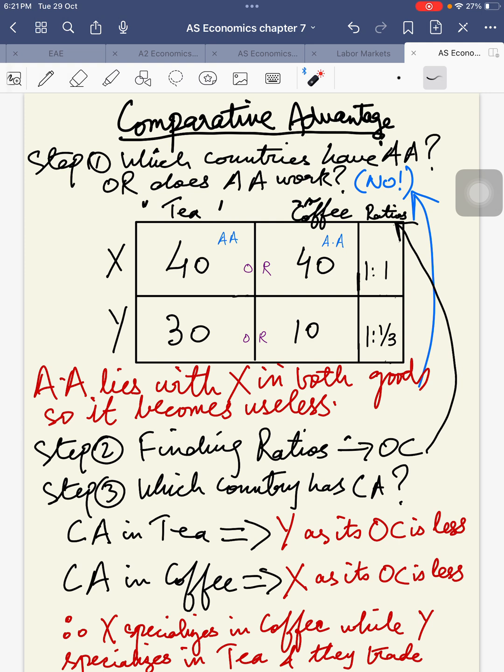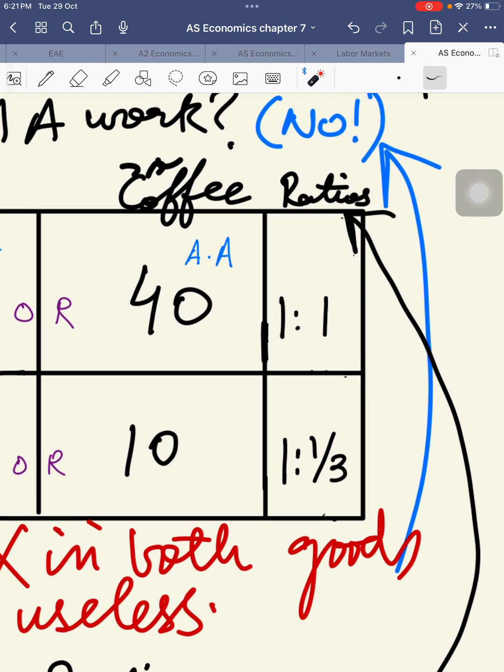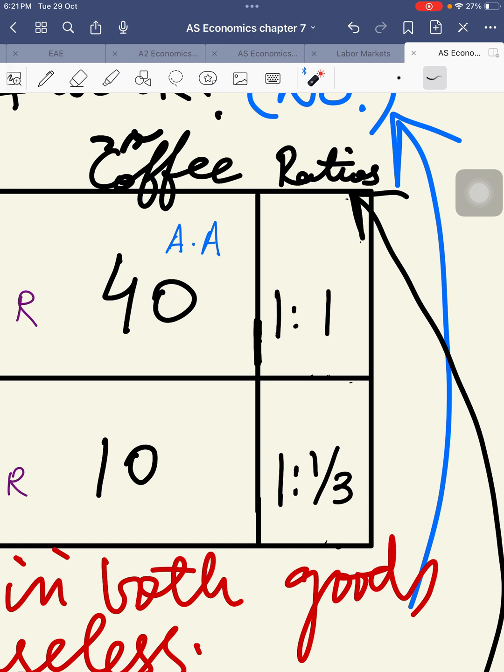Now, how do we interpret these ratios? And then we'll obviously come to how we determine comparative advantage. It's very straightforward. Let's interpret this ratio. What is the opportunity cost of producing 1 tea? 1 coffee forgone.